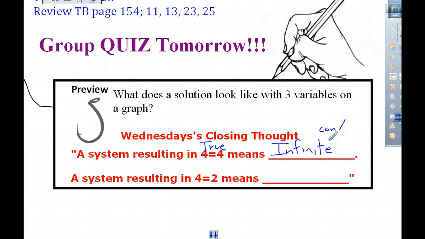Yeah, consistent and independent. And of course, if you get something false, 4 is not equal to 2, that's no solution, which is inconsistent. Keep that in mind, those will pop up.